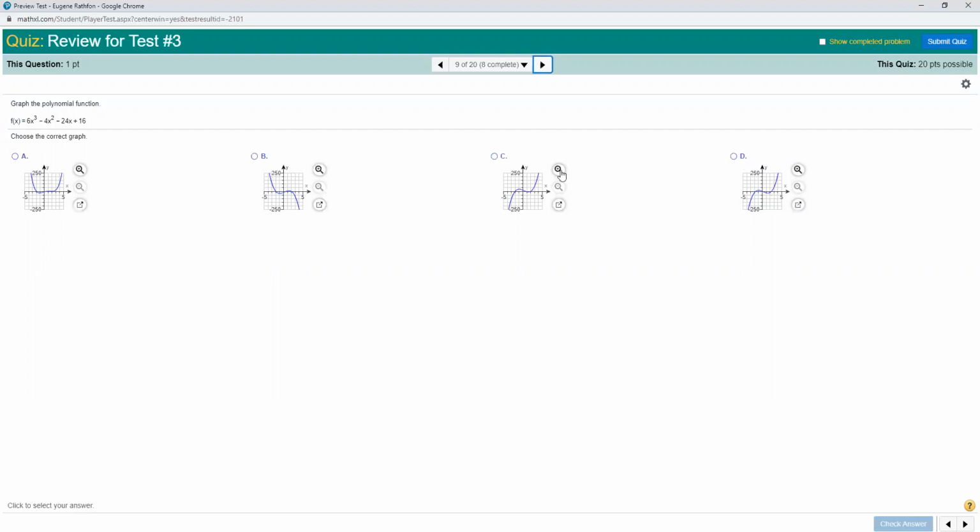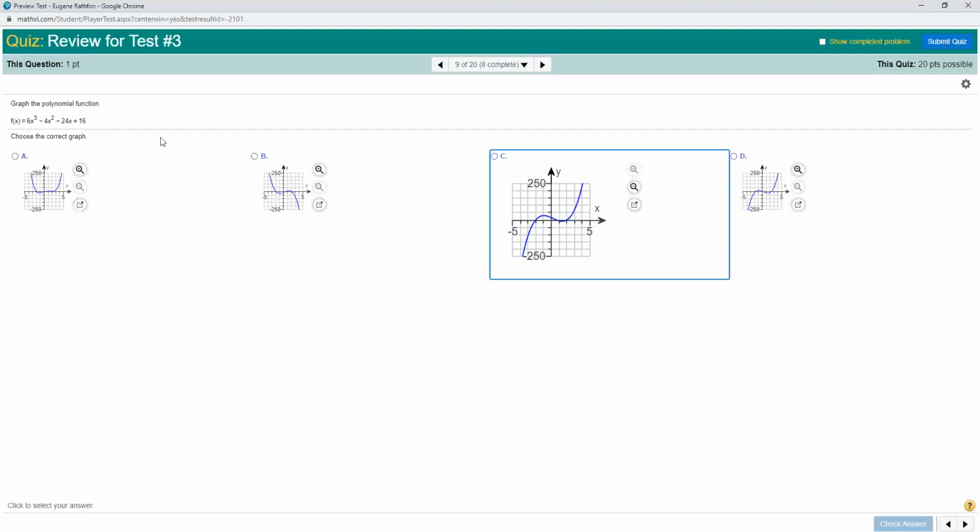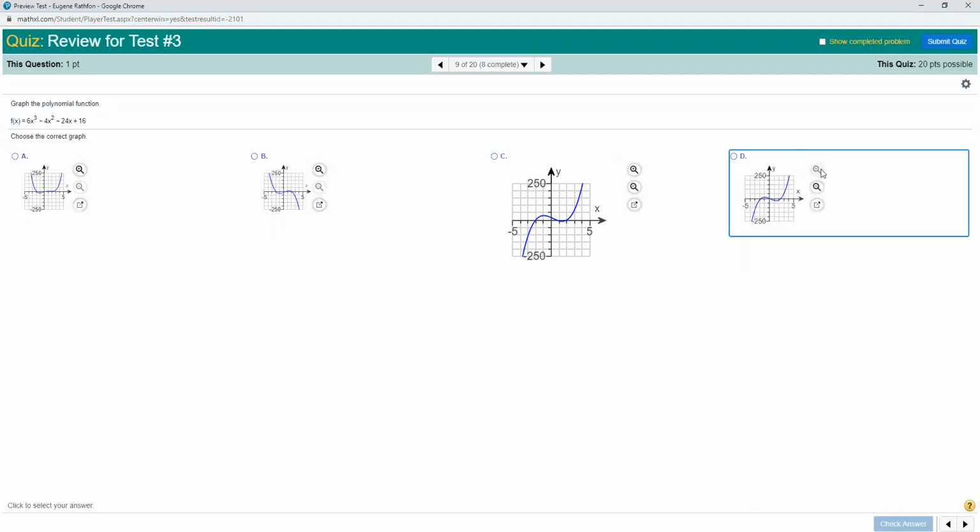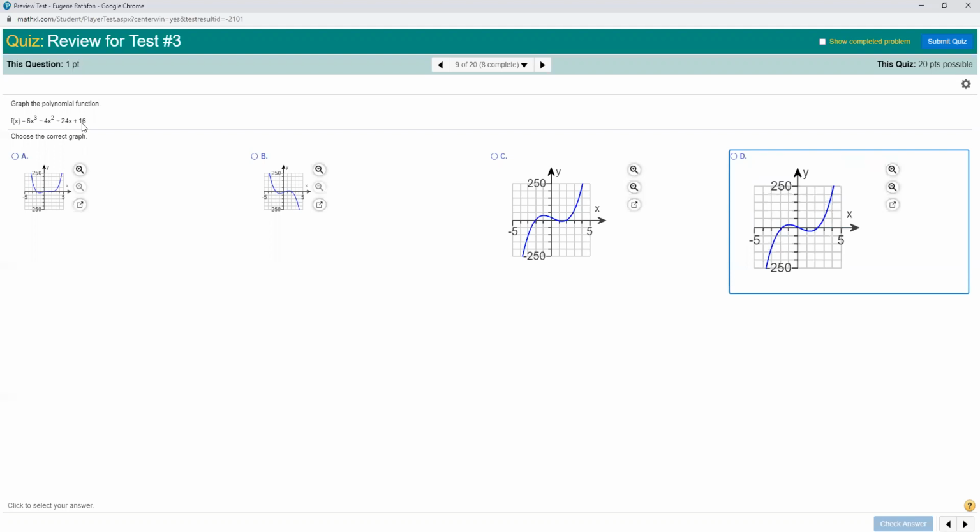So what we got to do is zoom these in and find which one's crossing the y-axis at 16. So y'all, that's pretty close to a 16 it looks like. Let's zoom in D and see what it's doing. So remember, the y-intercept is the last number.